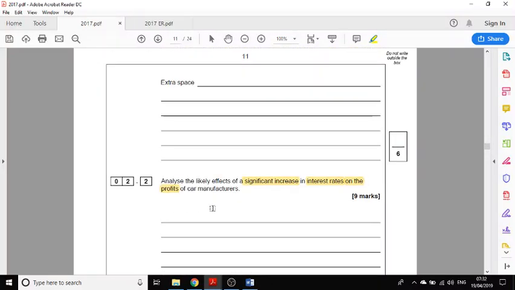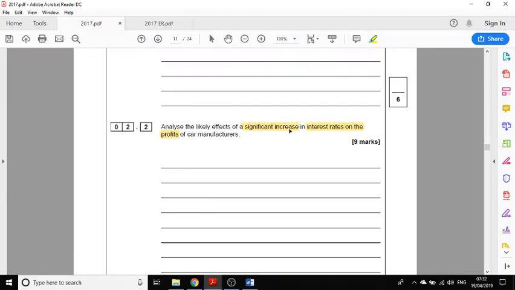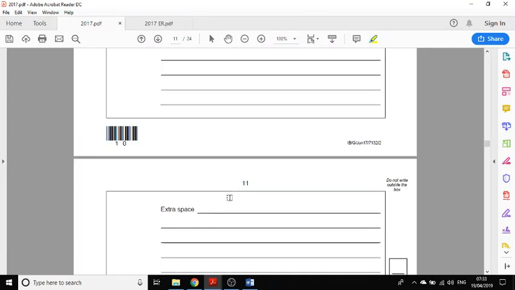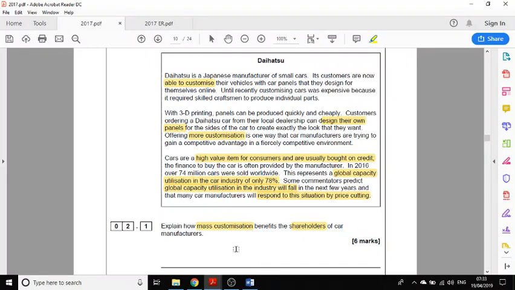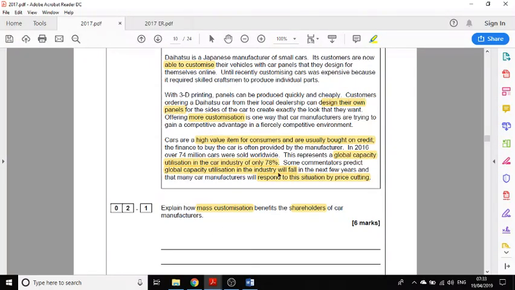The second question is about a significant increase in interest rates. It's not just an increase, it's a significant increase in interest rates on the profits of car manufacturers. So how are interest rates going to affect the profits of car manufacturers? Well, I know from reading the case study here, cars are a high value item.